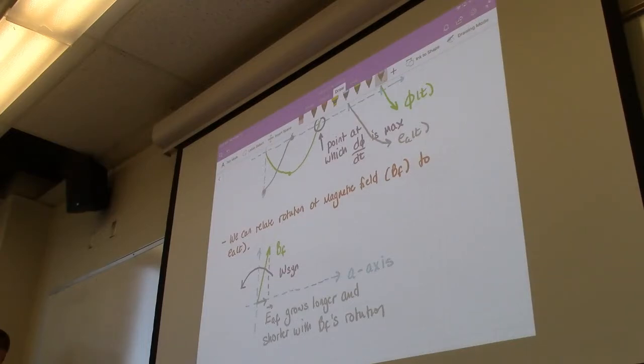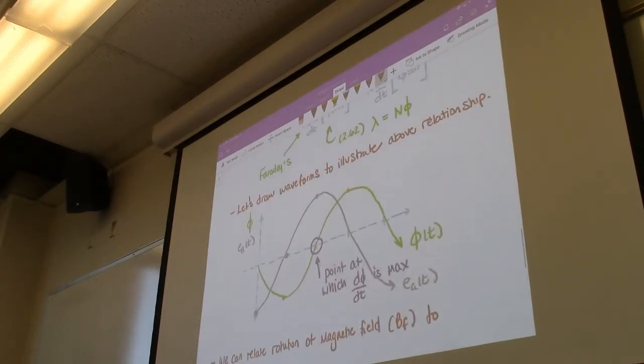When the field winding lines up with the A axis, the length is going to be maximum, and when they're perpendicular, their length is going to be minimum. This is similar to what we see right here in this graph.